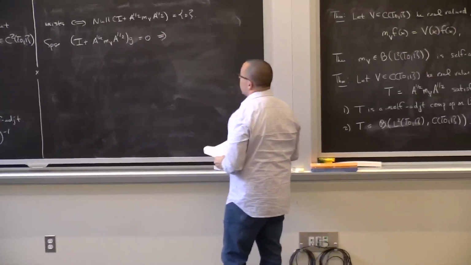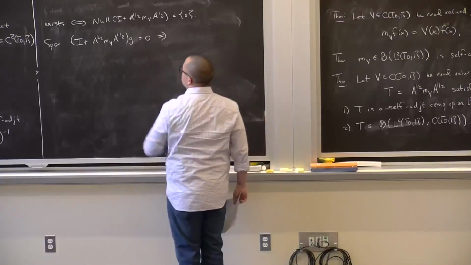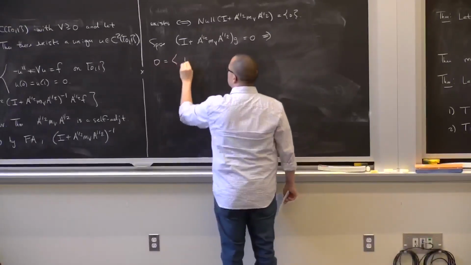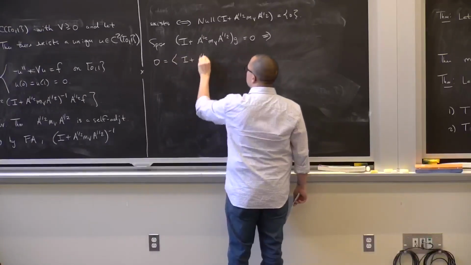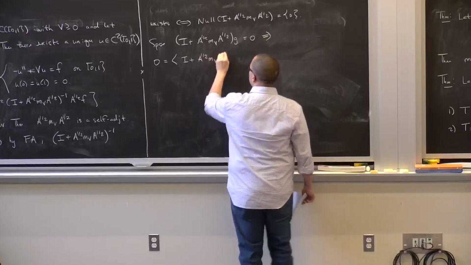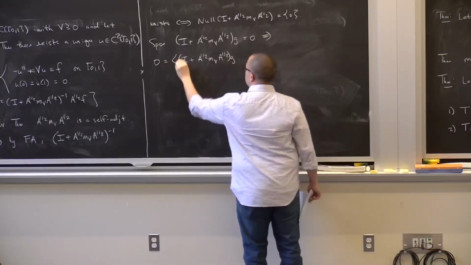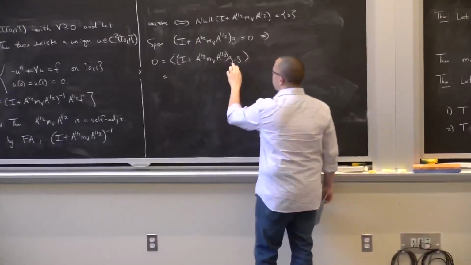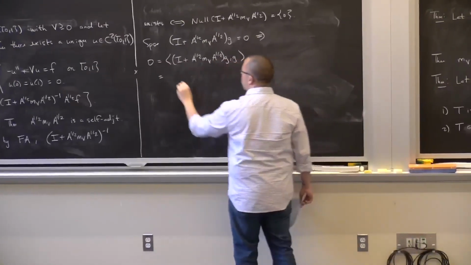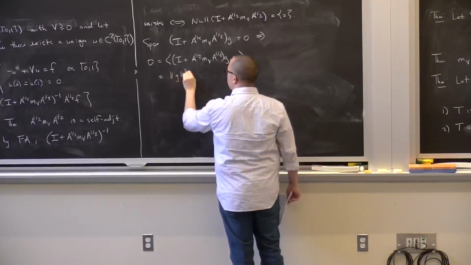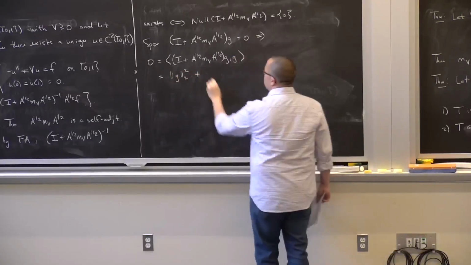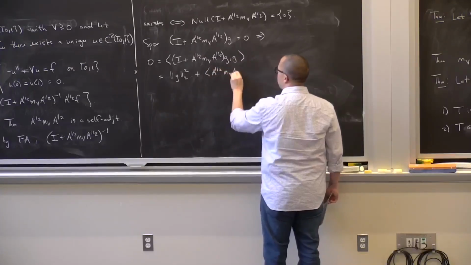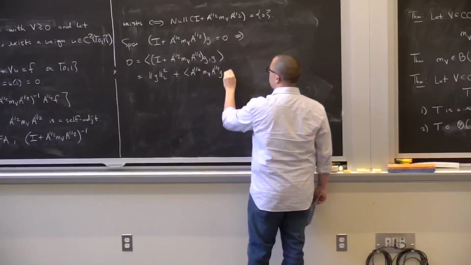Then, g is an element in L2. If I pair it with g, I get that 0 is equal to the inner product of I plus a to the 1/2 multiplication by b a to the 1/2, applied to g, with g. Carrying this through, I get the L2 norm of g squared plus the inner product of a to the 1/2 multiplication by b a to the 1/2 applied to g with g.